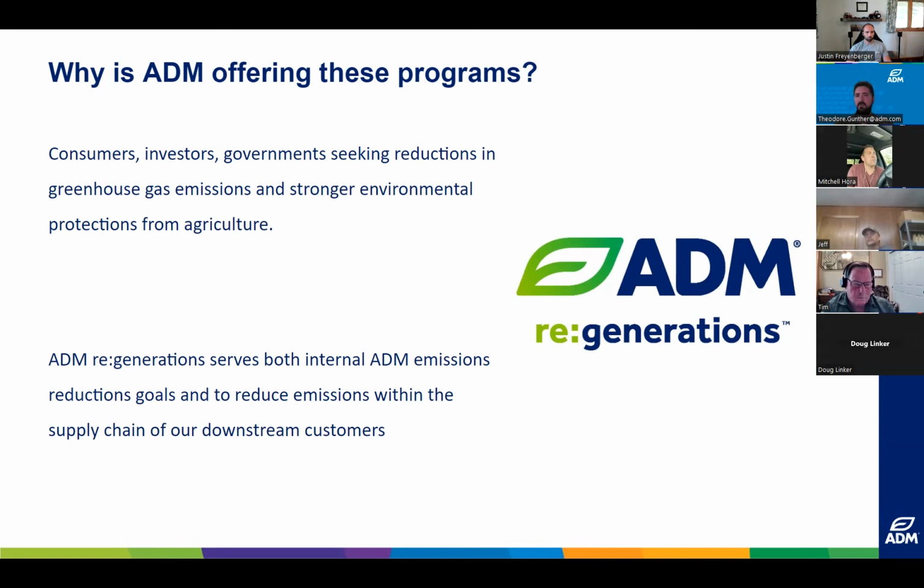So my role is to enroll farmers in these programs and be farmer facing. We also have people looking at and interacting with our downstream customers, consumer facing companies, and other groups that we sell products to, to understand what their needs are, what they're looking for in terms of emissions and the products we sell them, and then coming up with ways to connect the two, right?